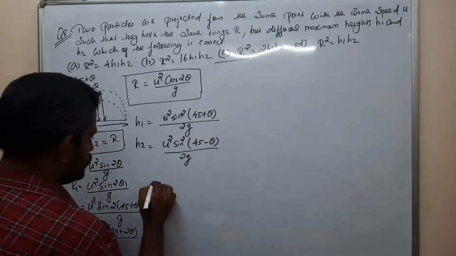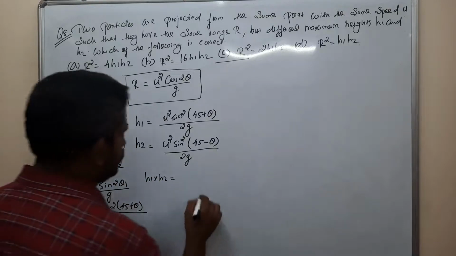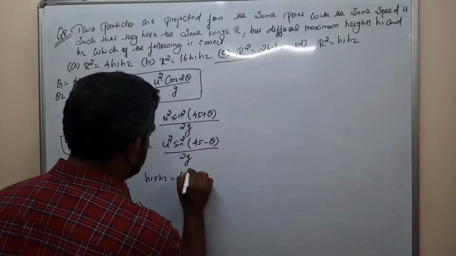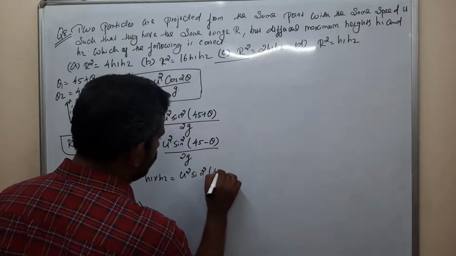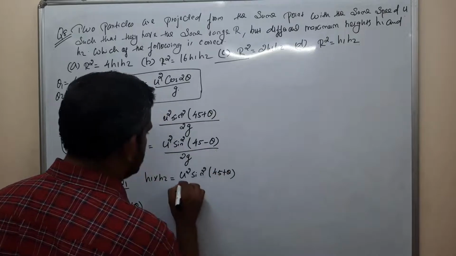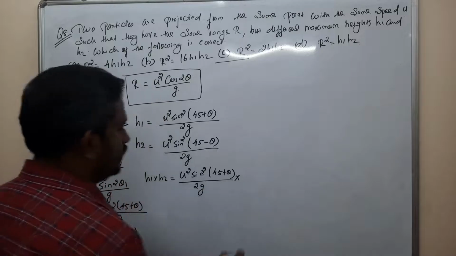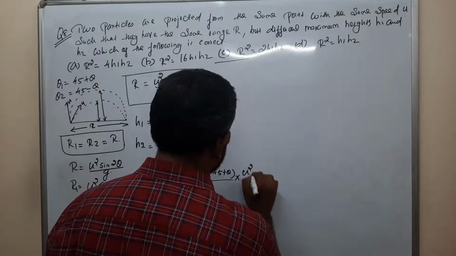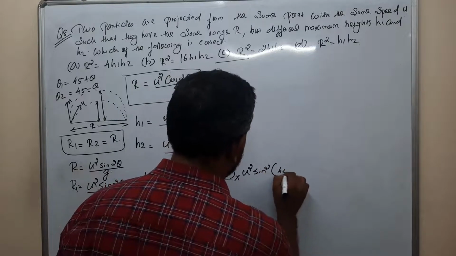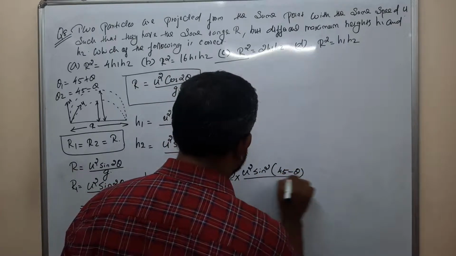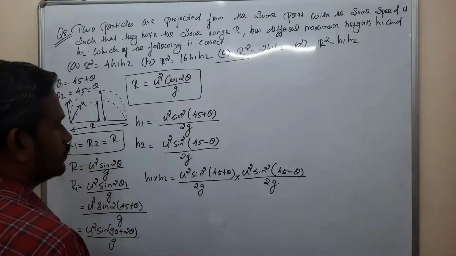So h1 into h2 is equal to u square sin square (45 plus theta) divided by 2g, into u square sin square (45 minus theta) divided by 2g.